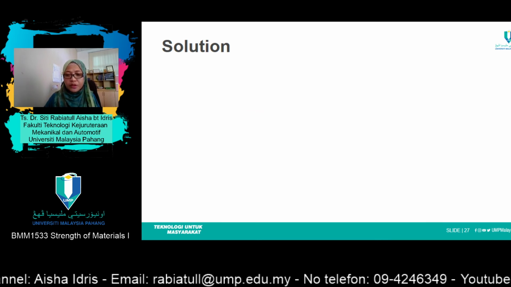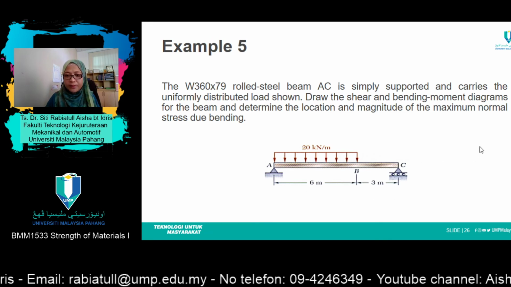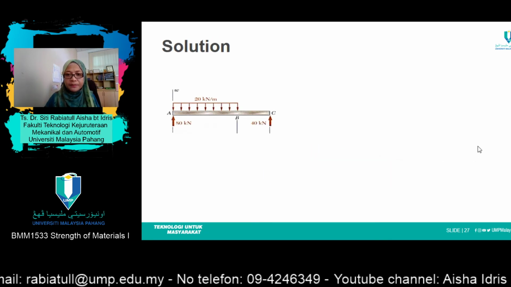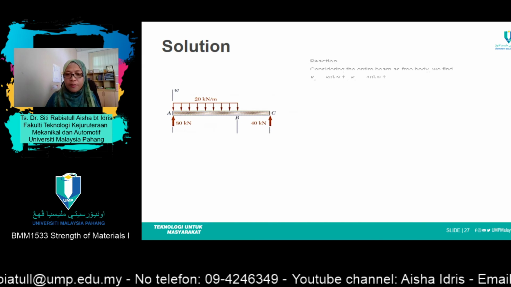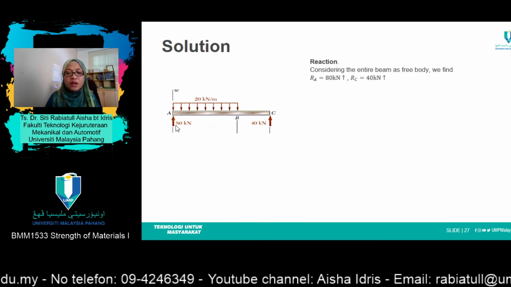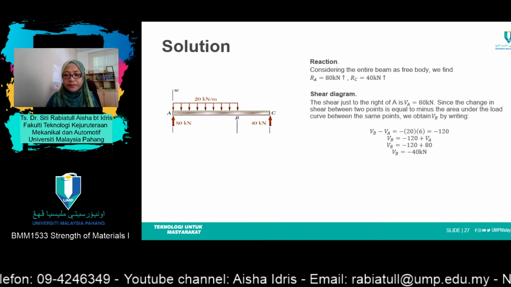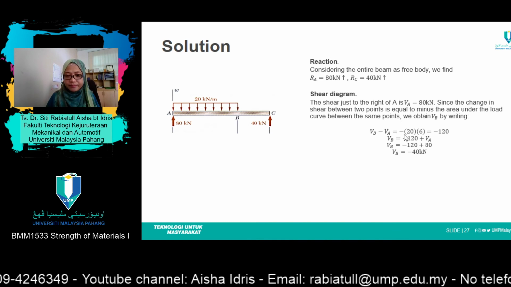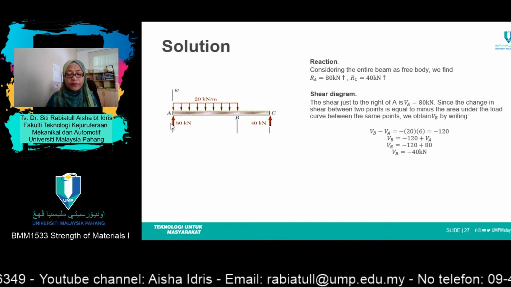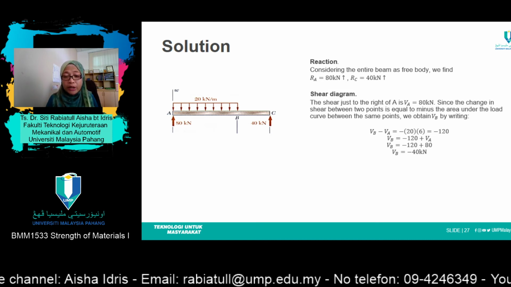First of all, you need to draw a free body diagram in order to find the reaction forces at point A and point C. From there, you'll get the value of reaction force at point A, 80 kilonewton, and point C, 40 kilonewton. After that, we need to find the coordinates in order to draw the shear force diagram.